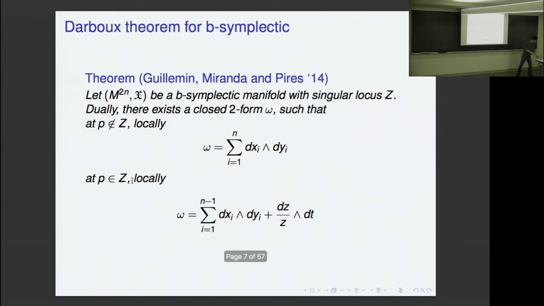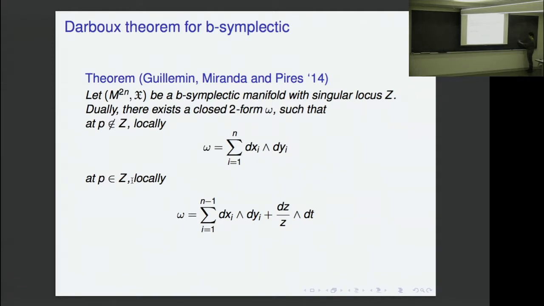And we can actually look at some examples. So the simplest one is just the sphere with the omega defined to be dh over h wedge dθ, where h is the height function, and θ is the angular coordinate.